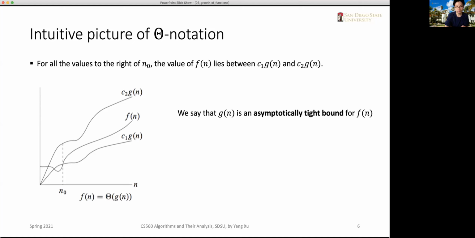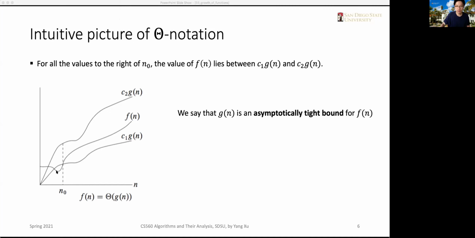So the n0 is also a critical point we want to find, because for n's that are smaller than n0, f of n falls below C1 times g of n, right? That doesn't matter, okay? Because the whole definition of big theta requires such an n0 to exist.